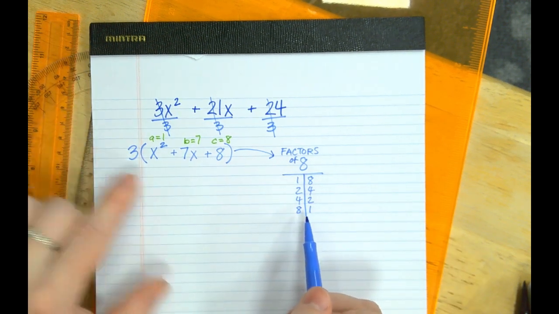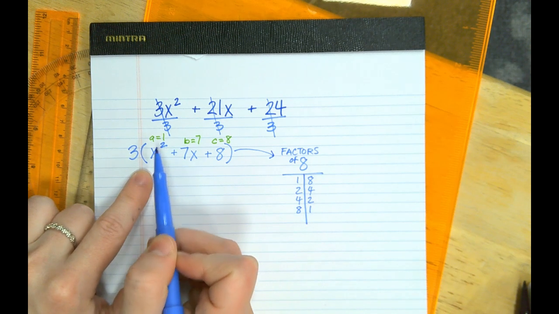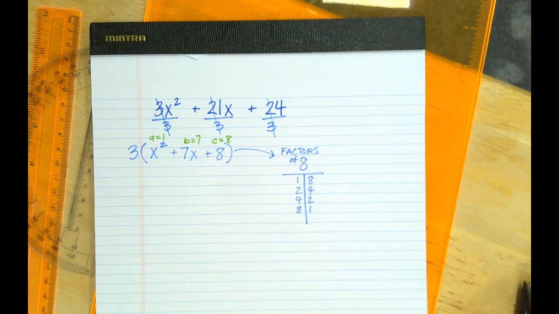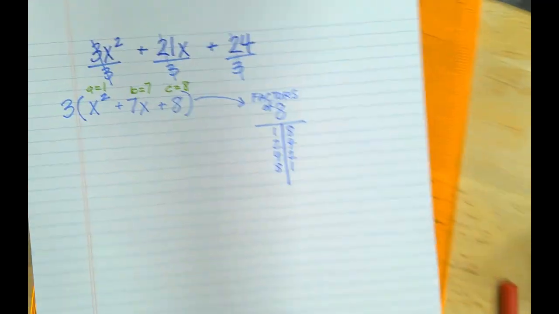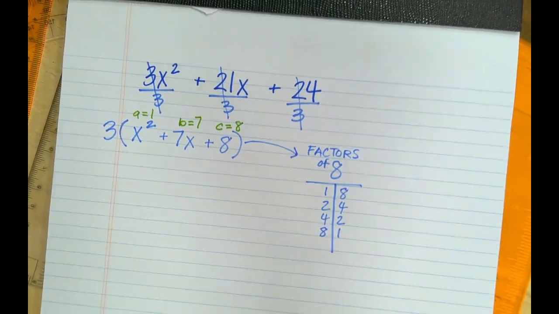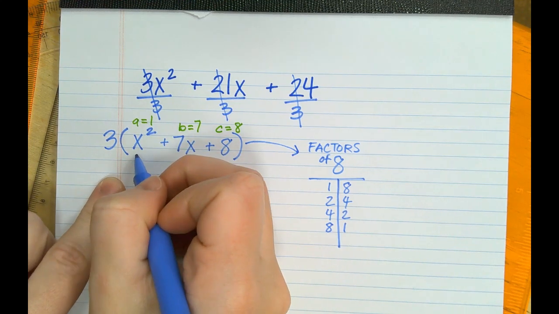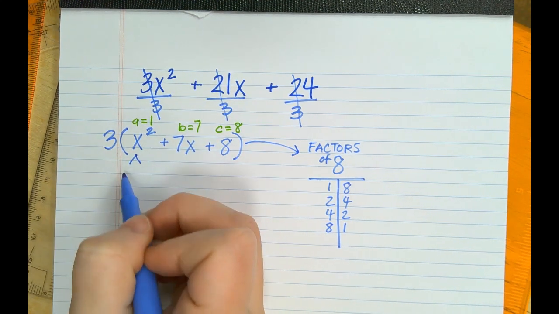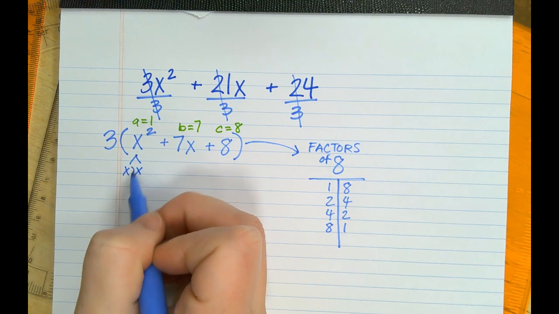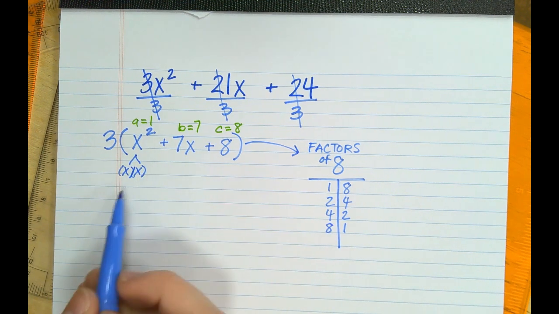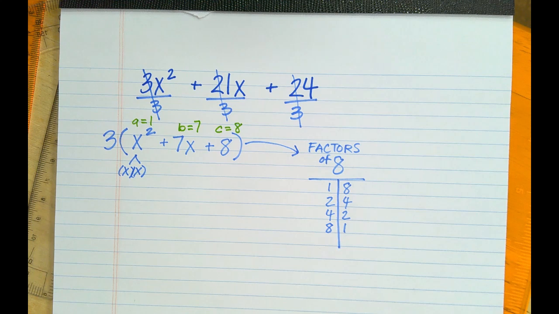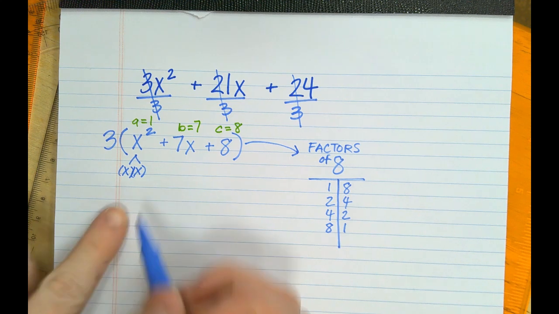Okay, so my A is 1. What format is my answer going to be in? Remember the factors of A. Factors of A are x and x, because x times x is x squared.